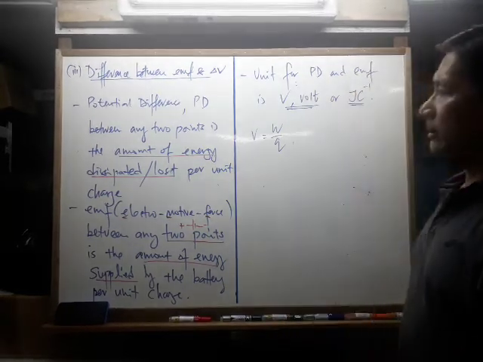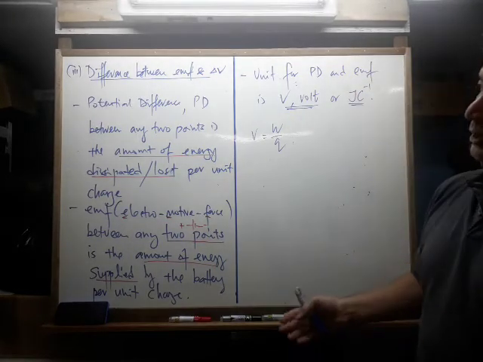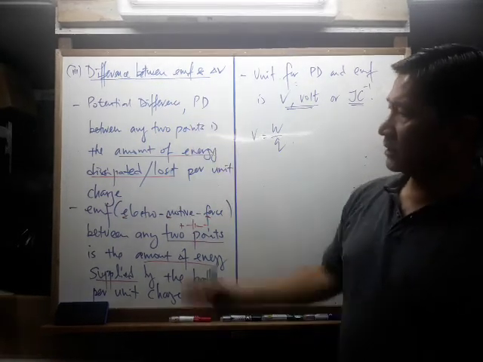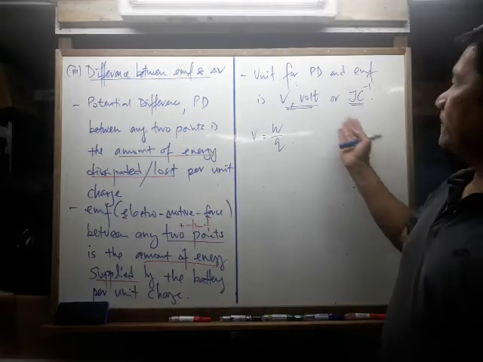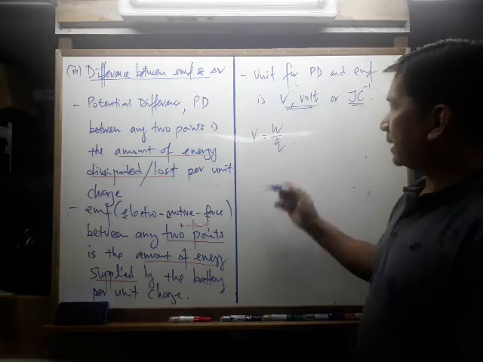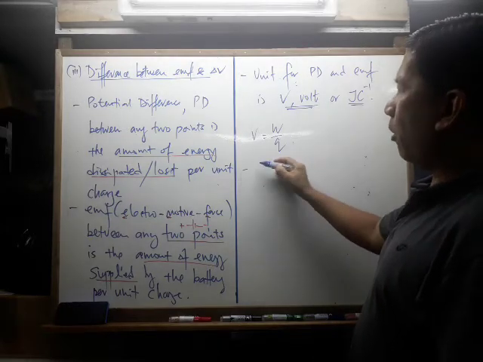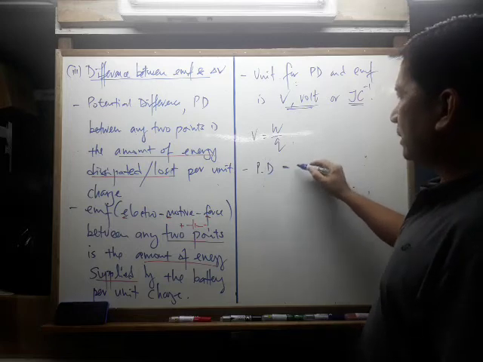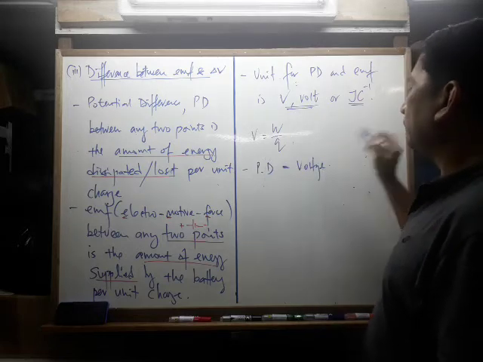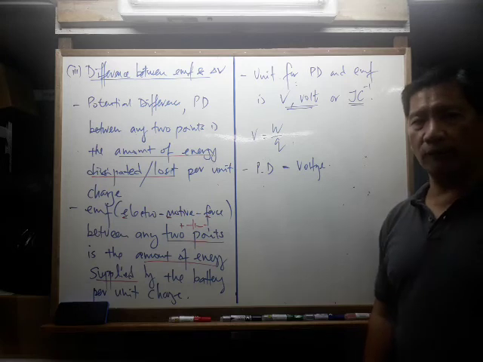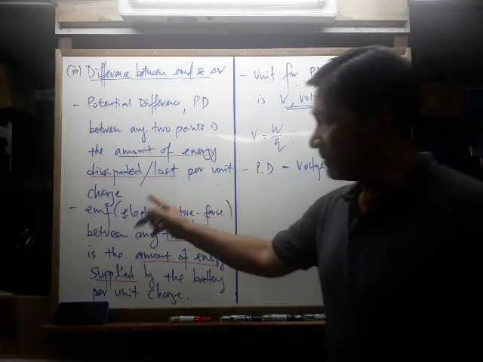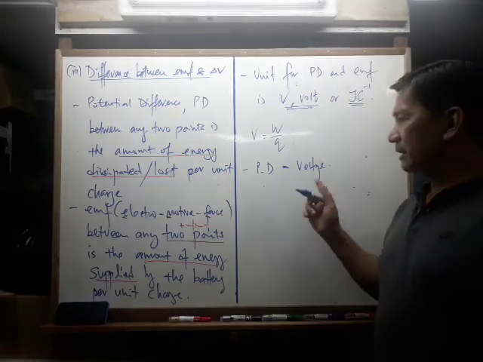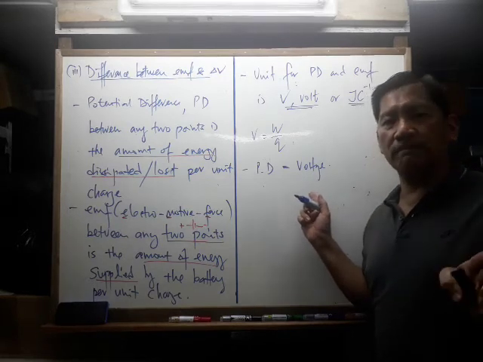But normally when we talk about potential difference or EMF, we always refer to volt, and because of that, we sometimes call potential difference voltage. But for EMF, can you use the word voltage or not?